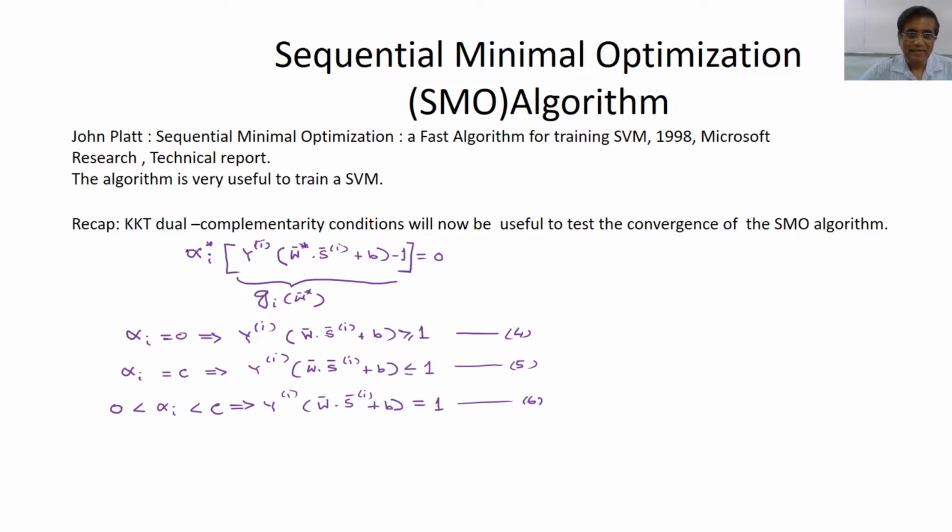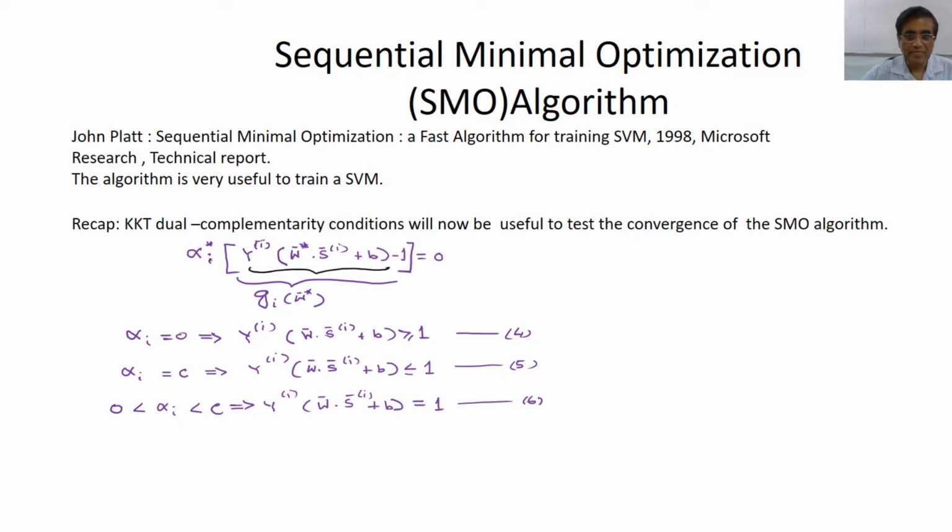Okay. So you see, just a little bit of recapitulation. We have a KKT complementarity condition, which is given by this. Earlier, you have seen this in the primal problem itself, that this was my constraint, isn't it?